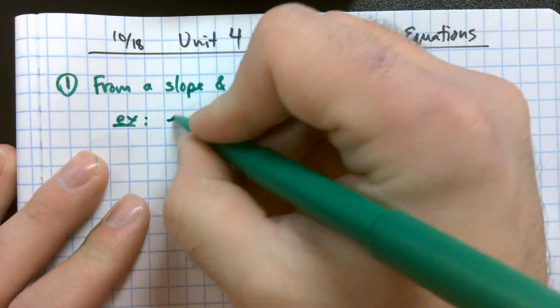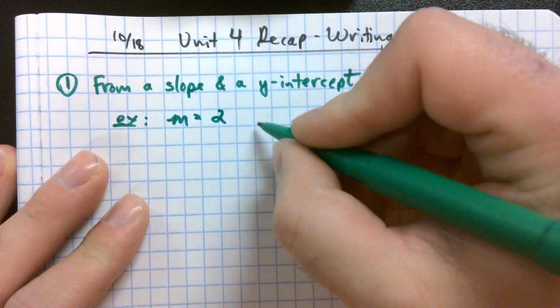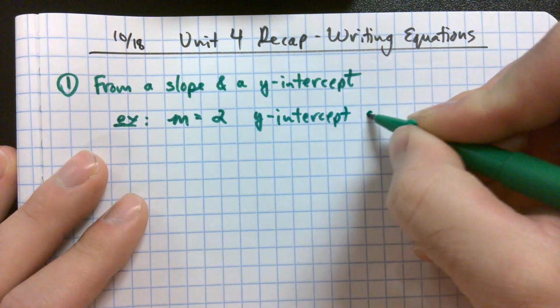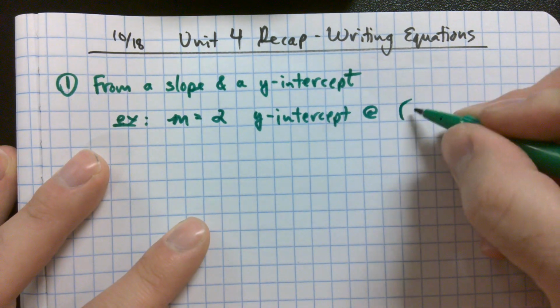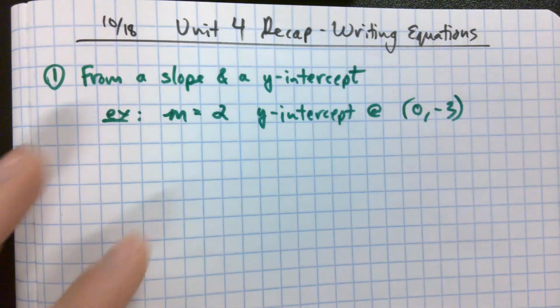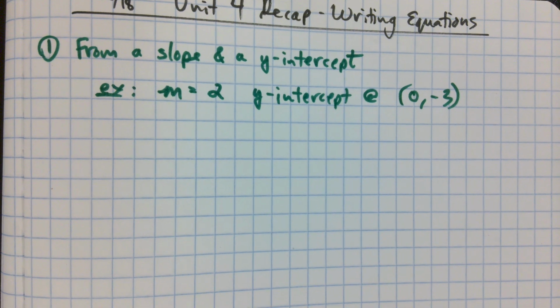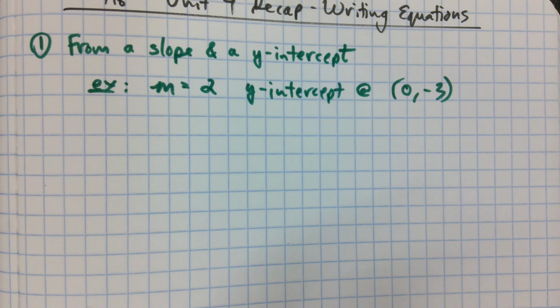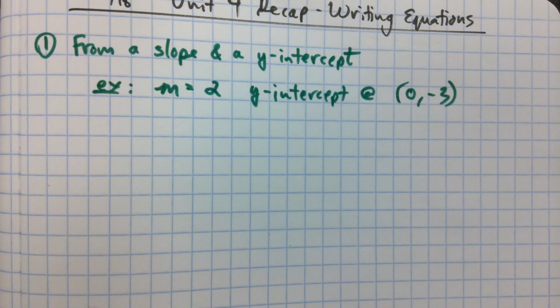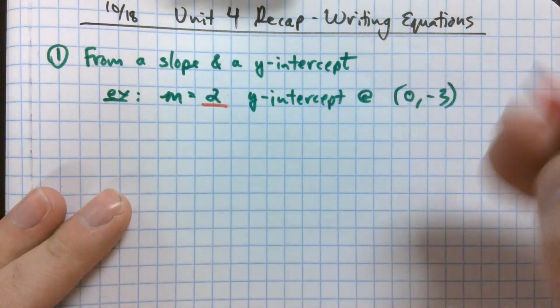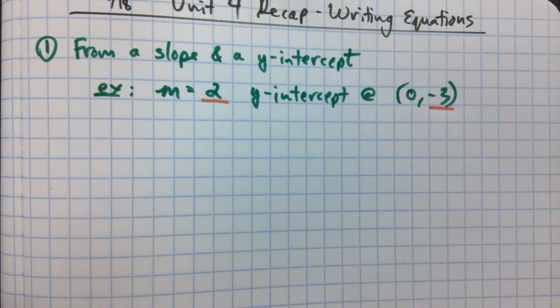So let's say that our m is equal to 2. We've got a y-intercept at the point (0, -3). My m is 2.